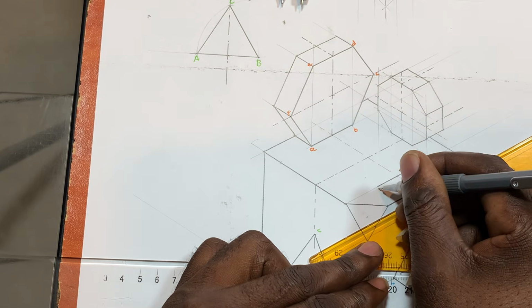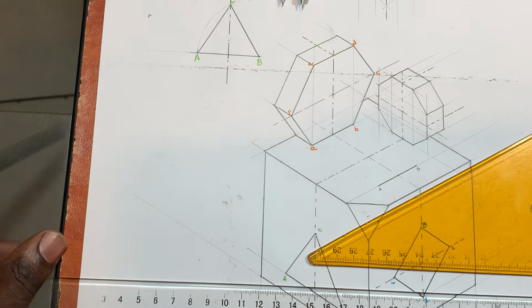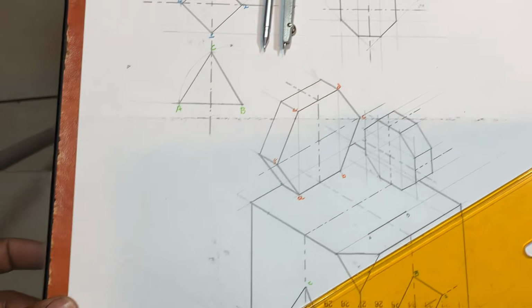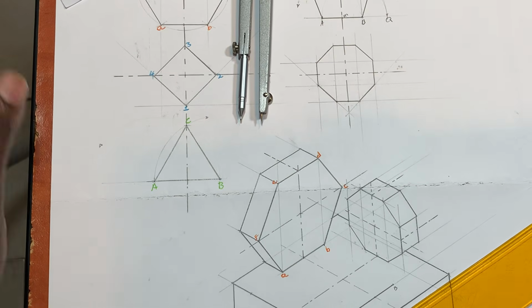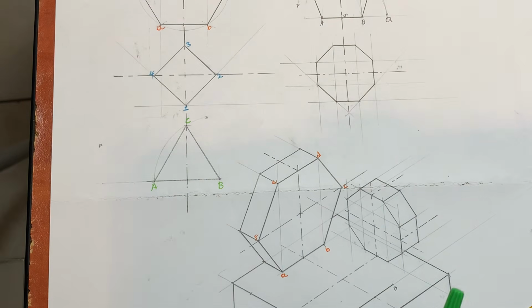So the A is here, the B is right here. From there, we've already gotten the center of it.